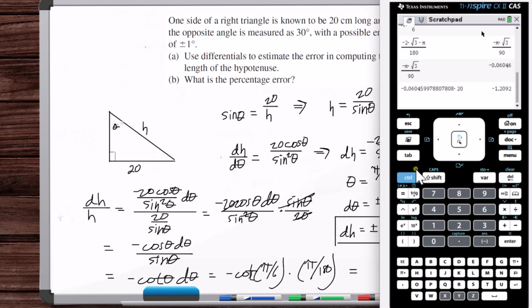So cotangent pi over 6 times pi over 180. So 3%.